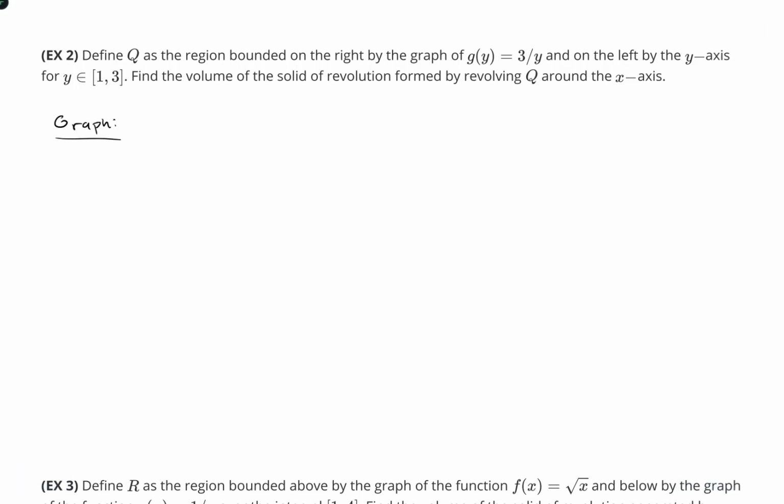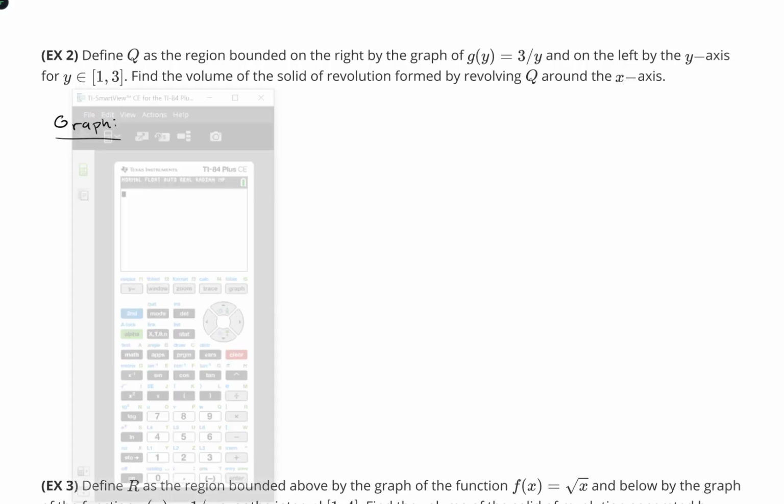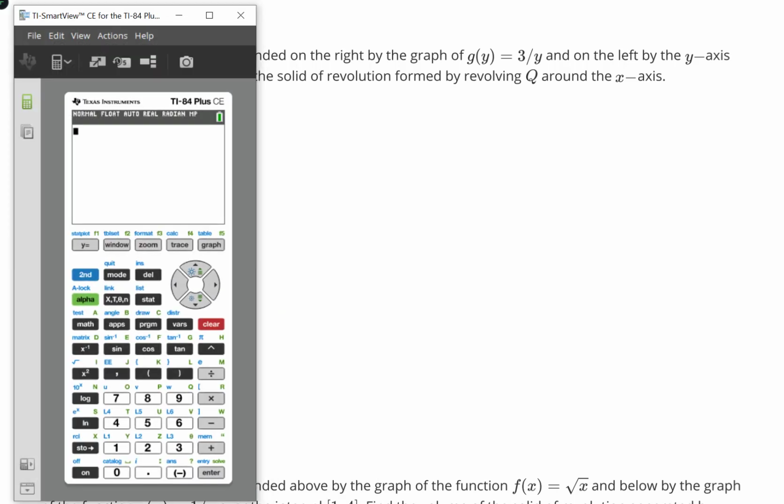Now, if I want to graph g of y equals 3 over y, there's a couple of things I could do. One thing I could do is, as I mentioned before, take advantage of the ability to work with parametric functions and graph it on the calculator.